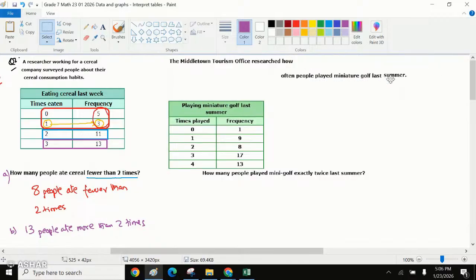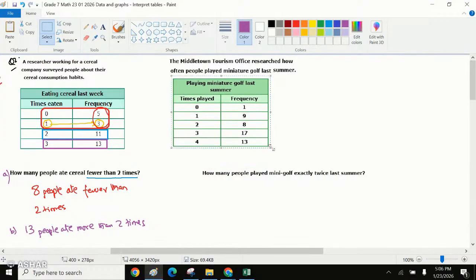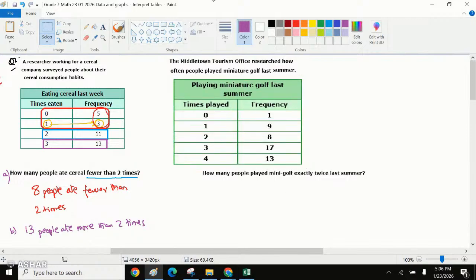I'll just realign so that the information is properly displayed to us. Okay, and the question was this. Question number 3 states that the Middletown Tourism Office researched how often people played miniature golf last summer.